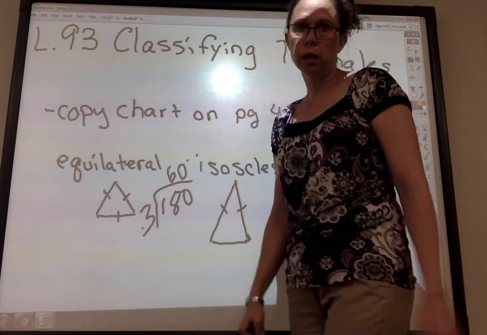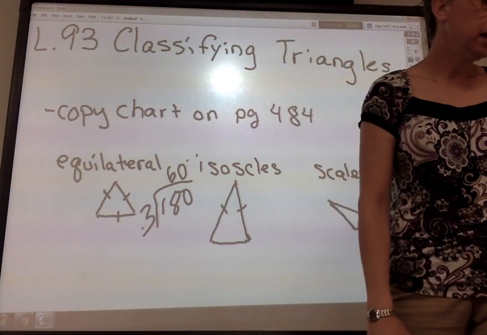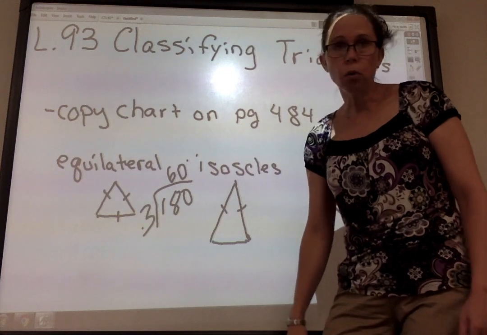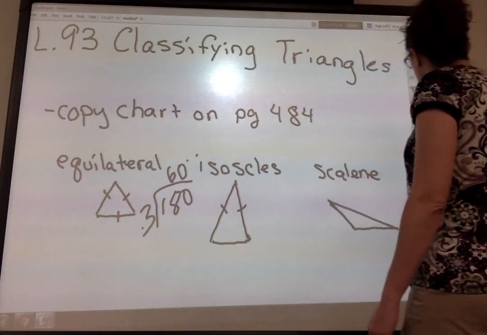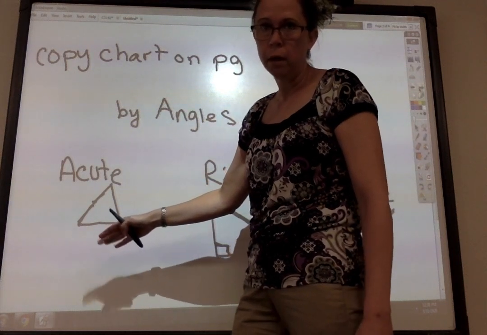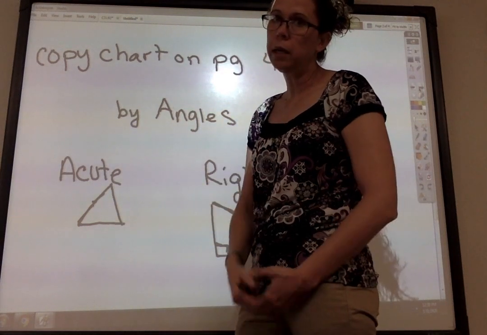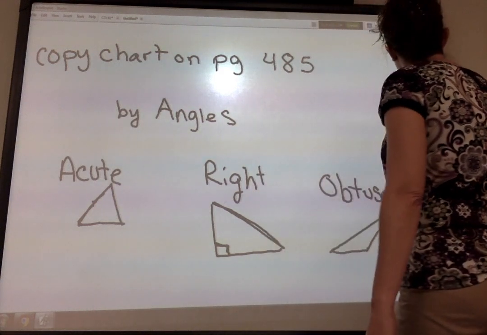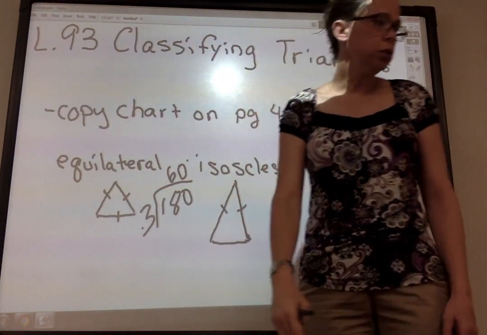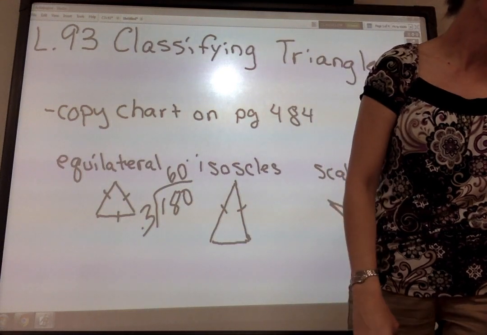So that's something that's kind of unique about an equilateral triangle. An equilateral triangle is always going to be also an acute triangle, okay? Because the angles measure less than 90 degrees. So equilateral triangles are always acute triangles.